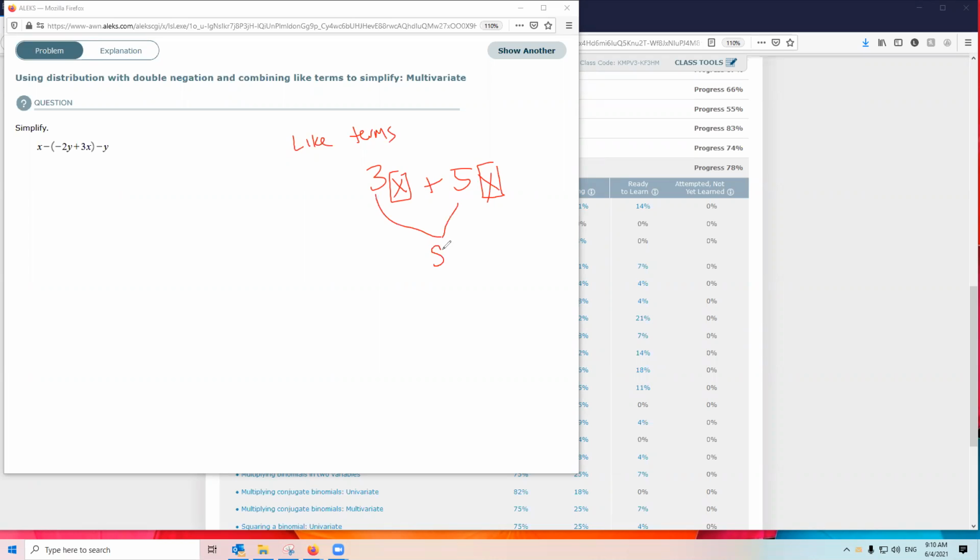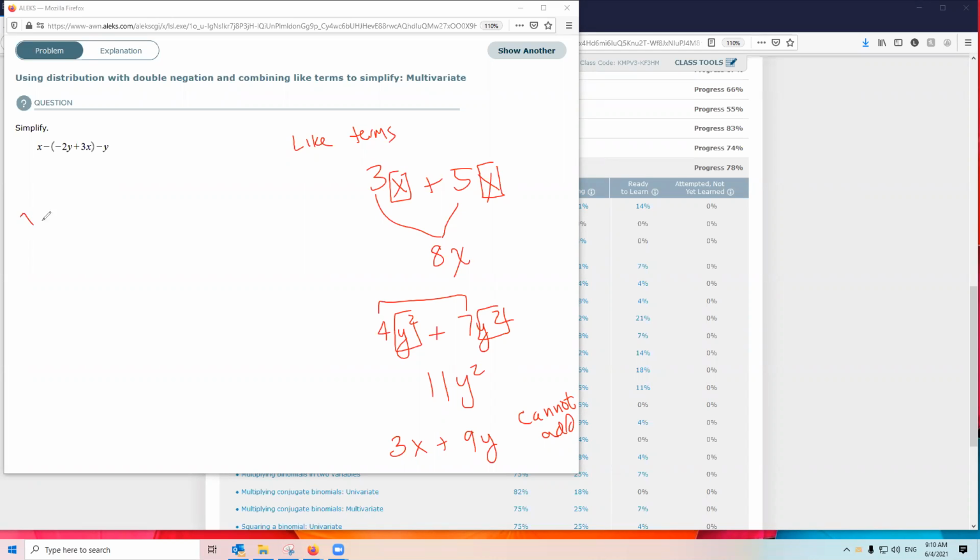You add the numbers together and keep the variable. If I had 4y squared plus 7y squared, you keep the variable part the same, y squared, and you add the numbers together. 4 plus 7 is 11. Remember, I can't add 3x plus 9y together. Cannot add these. These are not like terms.